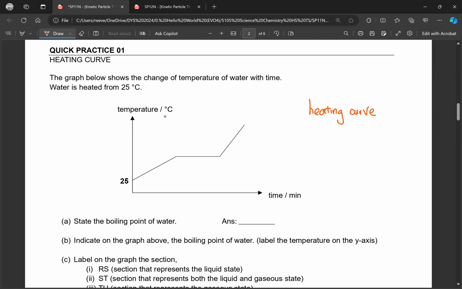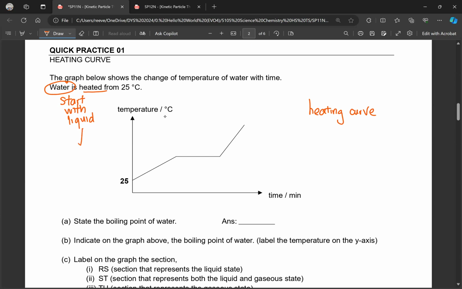I don't know. What I do know is I'm given water, so I start with liquid, because water is a liquid, right? I start with a liquid and I'm heating a liquid. When you heat a liquid, there's only one outcome: the liquid will boil.